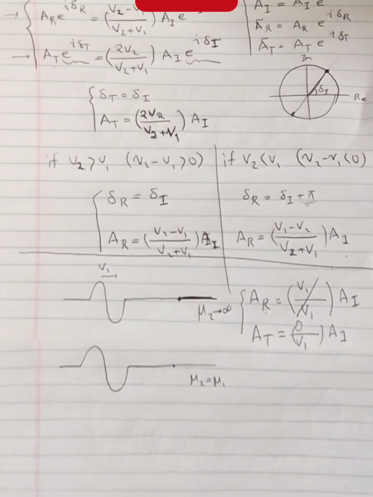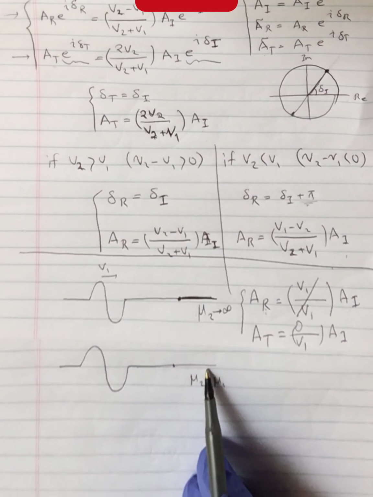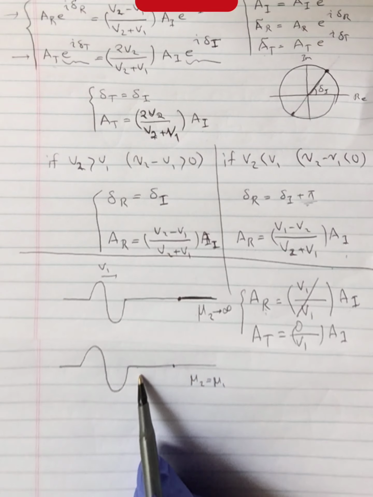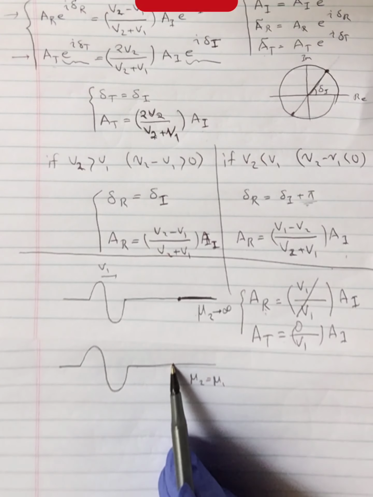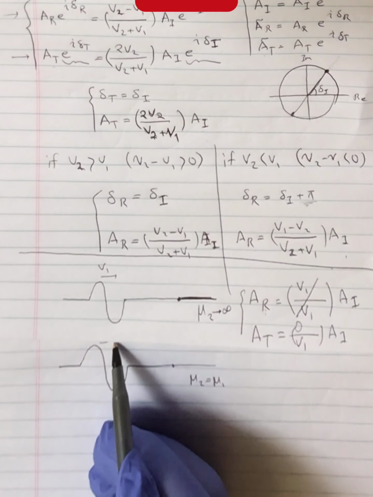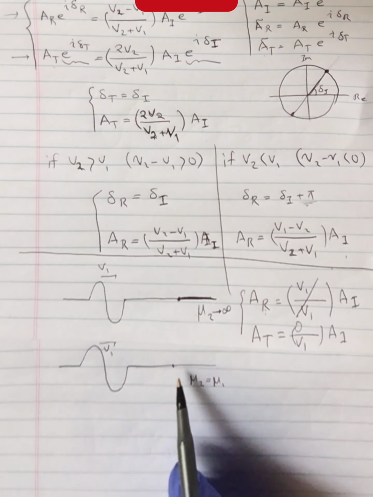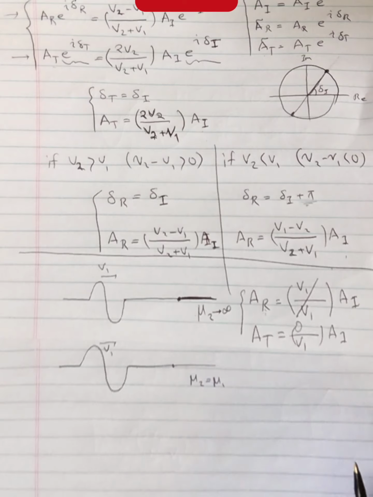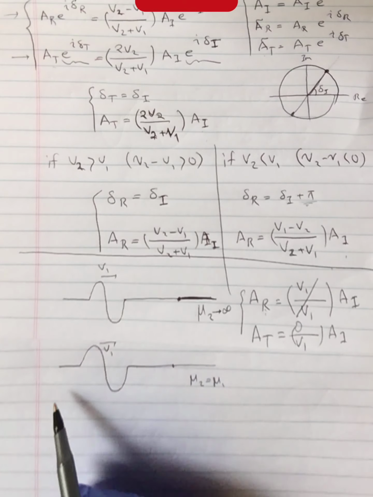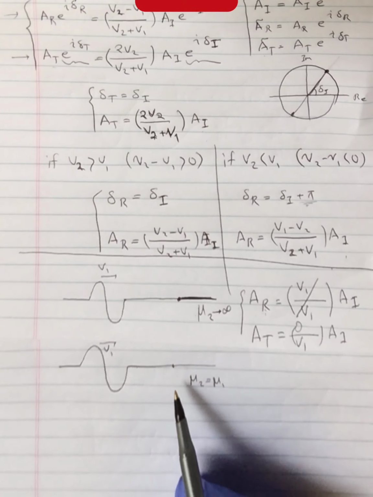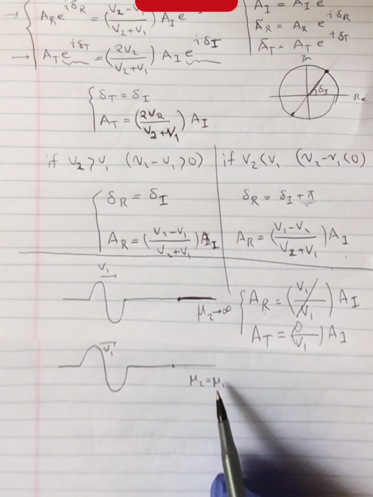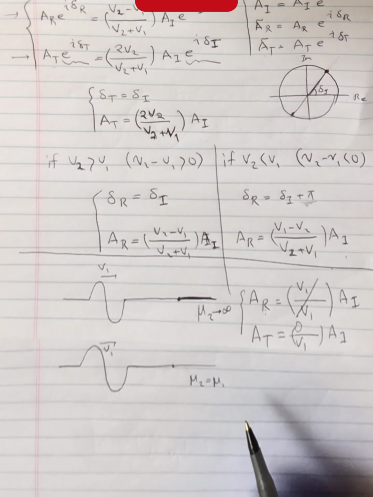My intuition says that if the second string is just the first one, and there's no actual perturbation, the incident wave with V1 is just going to go straight forward and continue. Nothing is going to get reflected, nothing is going to change. You're going to have the same wave on the other side, exactly the same thing. So this is my intuition.